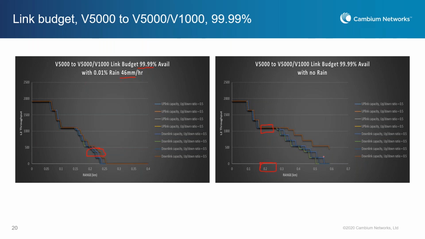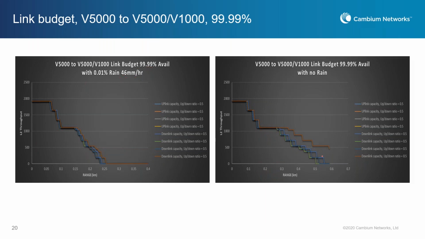That will be your extreme case. But in that case, really, you'd need to be in the desert with no rain at all, then you'll be okay. When we talk about the V3000, I think I mentioned for V3000 to V3000, the extreme case is 6,000 meters or 4 miles. But same thing, link availability, the link planner gives you the idea.